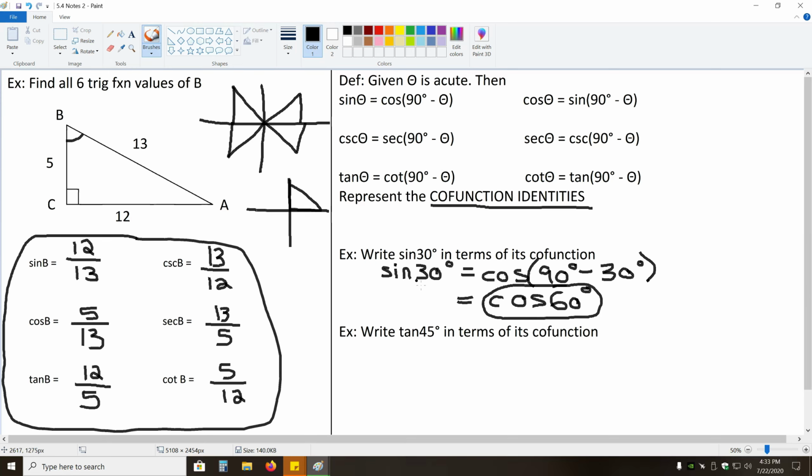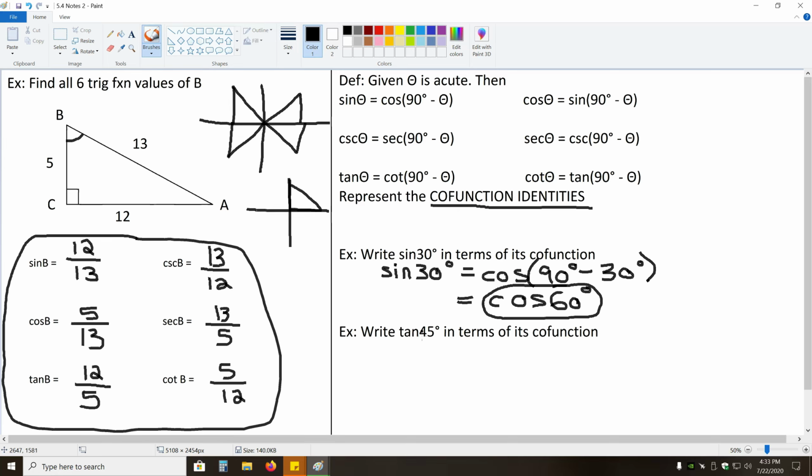So sine of 30 degrees is the same thing as cosine of 60 degrees. Okay, take a moment, see if you can write tangent of 45 degrees in terms of its cofunction.